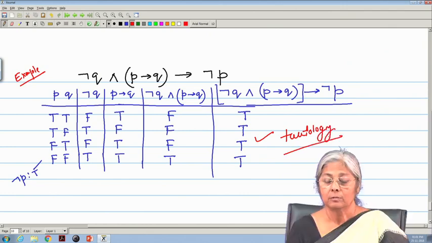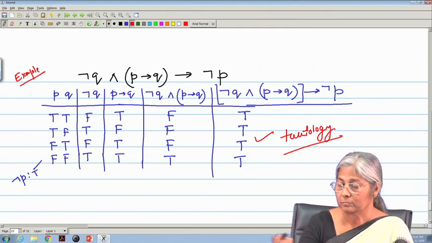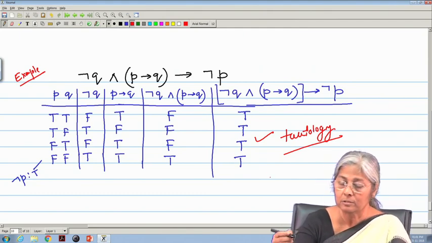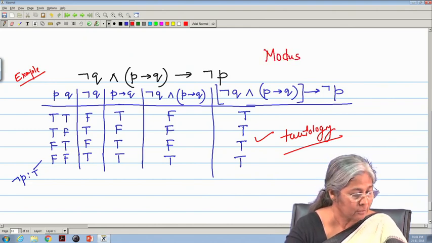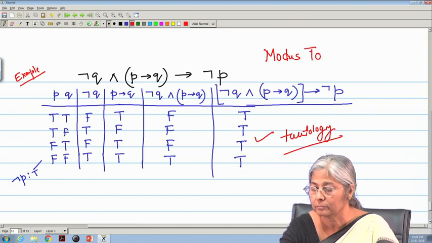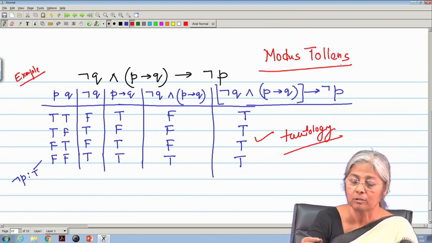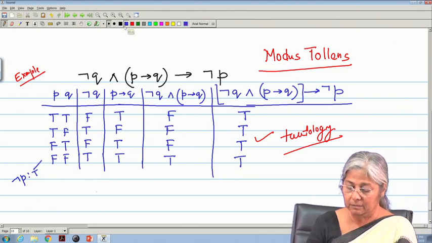So, this rule we call modus tollens, and using logic we can directly prove that. Quickly we do.